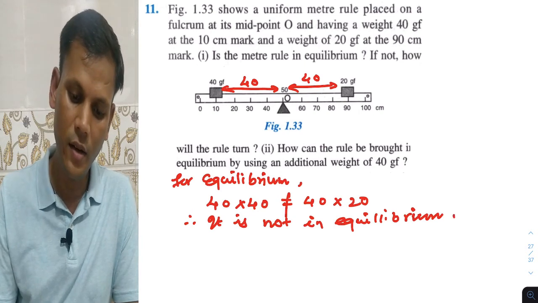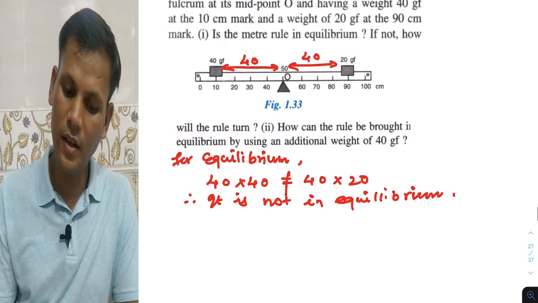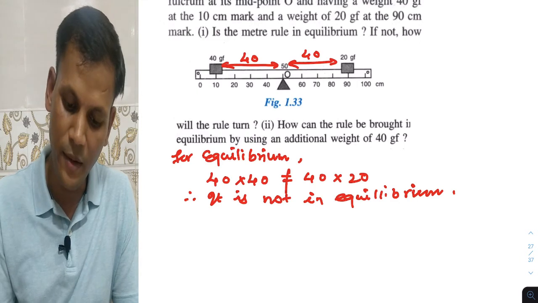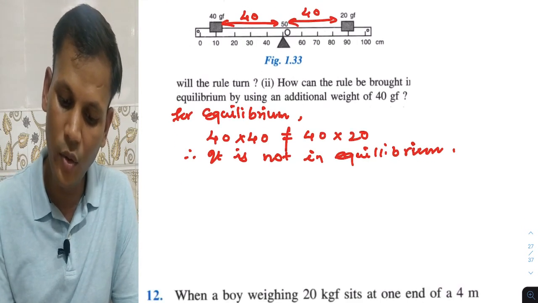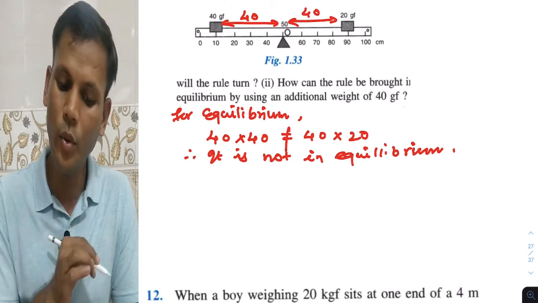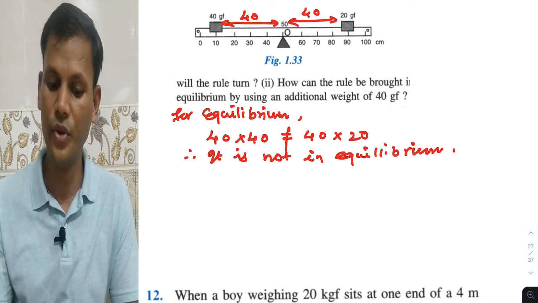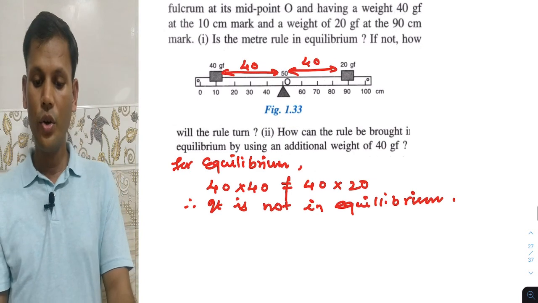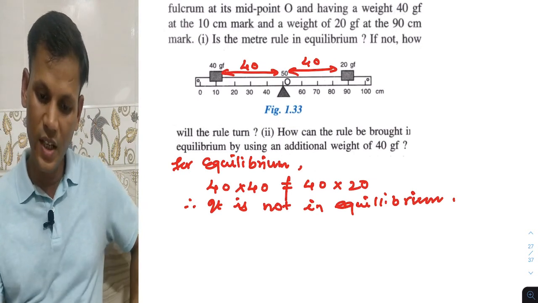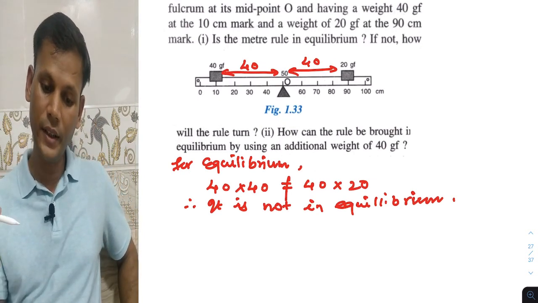Now the second part: how can the meter rule be brought in equilibrium by using an additional weight of 40 gram force? We don't know where, so we have to choose which side to keep that weight.